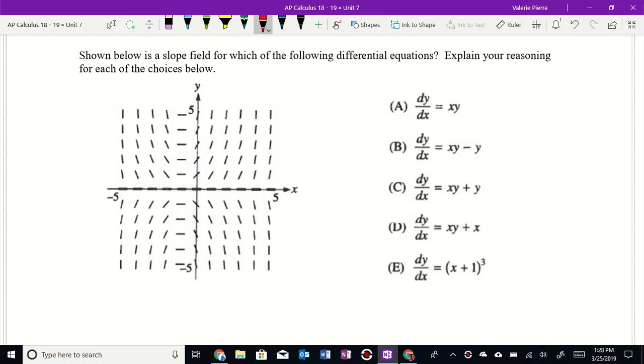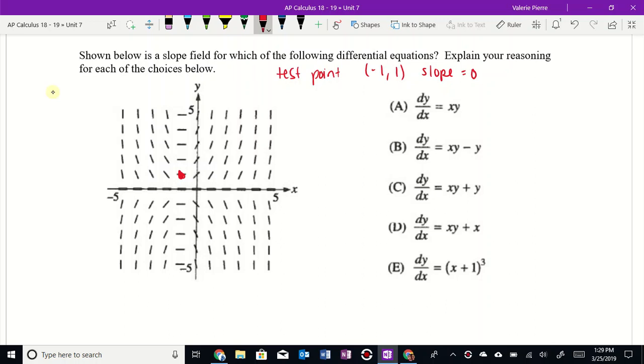So let's say I pick the point -1, 1. So my test point is -1, 1, where the slope is equal to 0. So now I want to check to make sure that when I plug in -1, 1 into any of these equations, I get the answer 0.